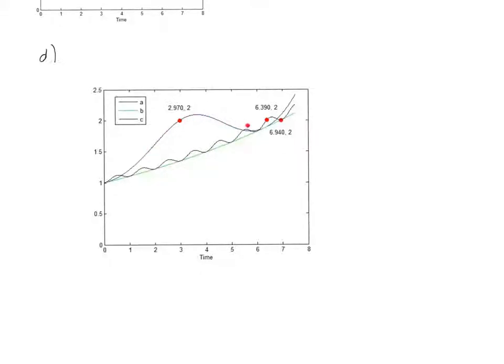And here we clearly see the effect of change in frequency. Here the blue colored function is the solution of dy over dt is equal to (0.5 plus sin t) times y over 5. And the green colored function is the solution of dy over dt is equal to y over 10.